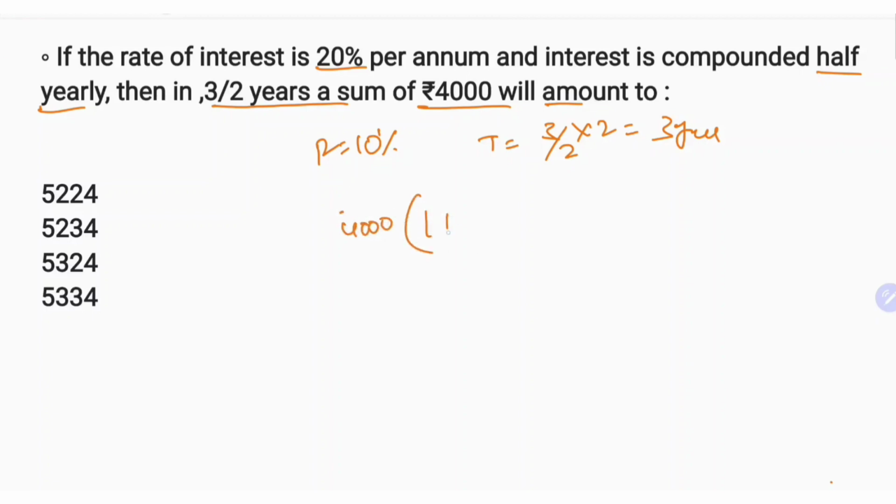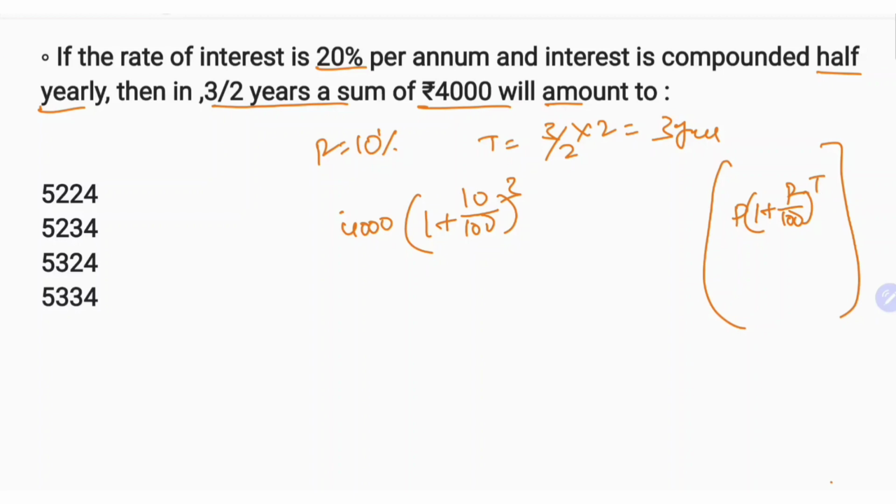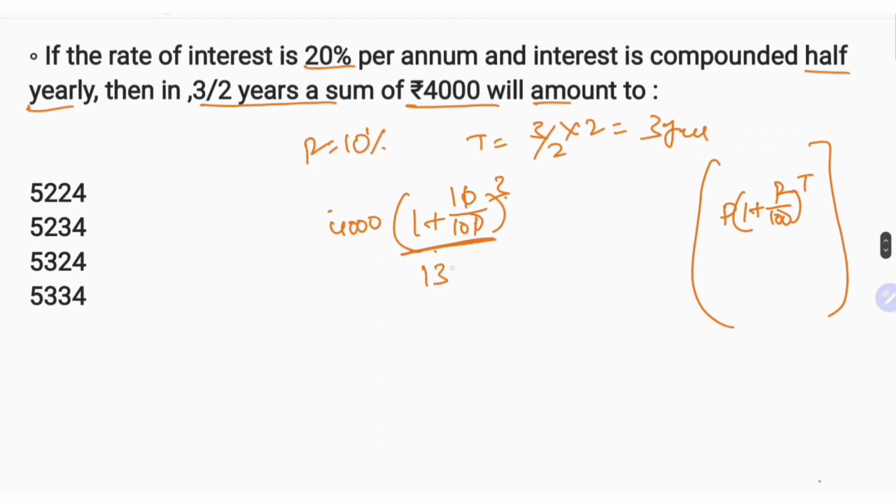Here, sum P into 1 plus R by 100 to the power of time. I can write the formula here for better understanding: P into 1 plus R by 100 whole power time. Clear? R by 100 is 1 by 10. This value is nothing but 11 by 10. 11 by 10 whole cube means 1331 by 1000. It is also 4000. 0, 0 cancel. It ends with unit digit 4. You can check the options. All options are there.